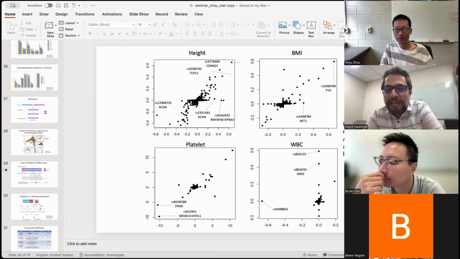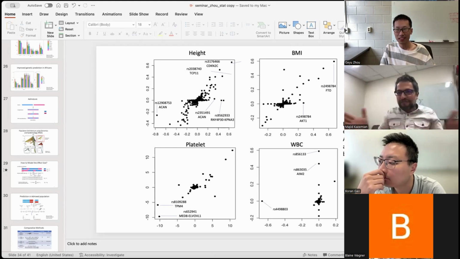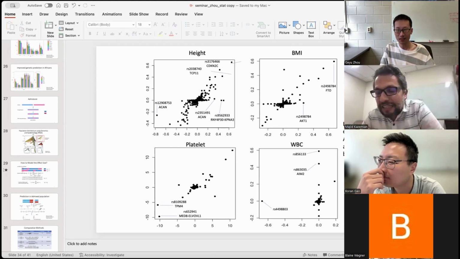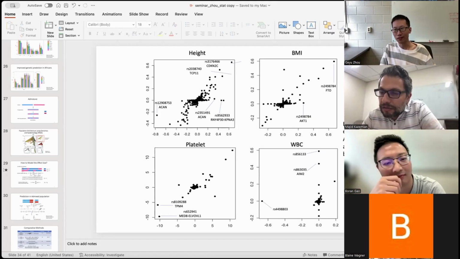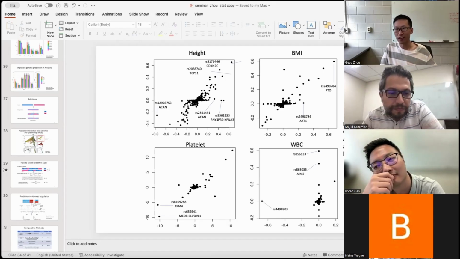When we talk about BMI, let's say, what is the range of differences that these predictions are completely missing, and how much room for improvement is there? We can definitely convert the predicted value of the prediction model into the original scale, and it doesn't affect the correlations or the accuracy.